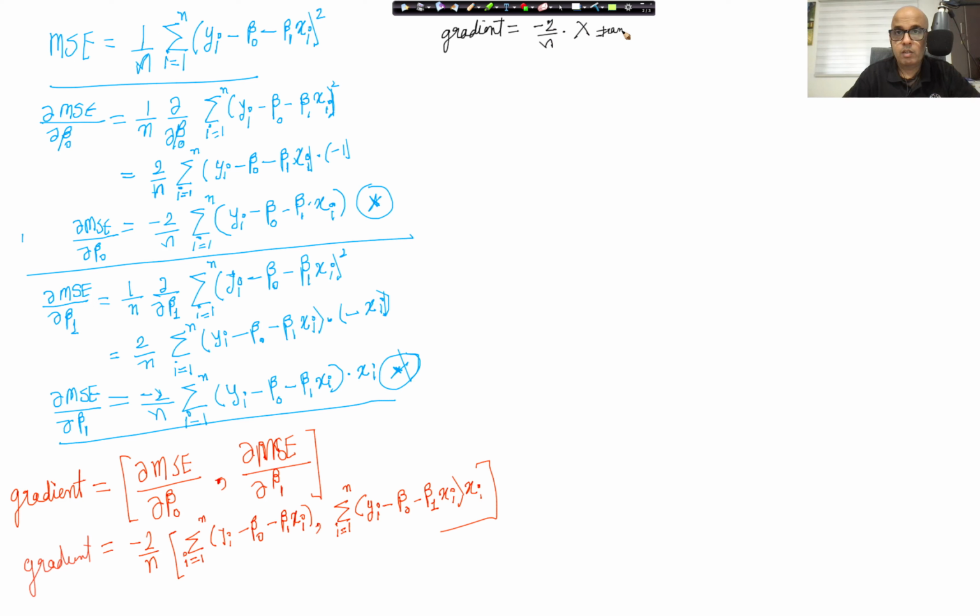That's the matrix of features, and then we take a transpose of that, and then we dot that with the error term. So the error term, I'm just going to write error. This is the implementation that we have seen in the code.